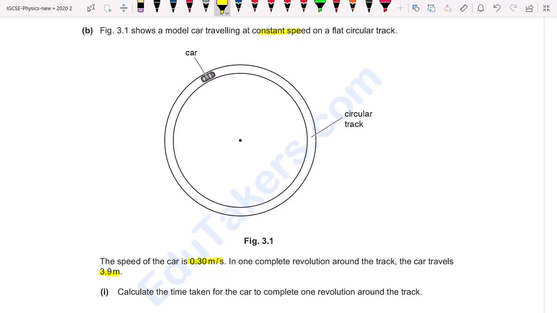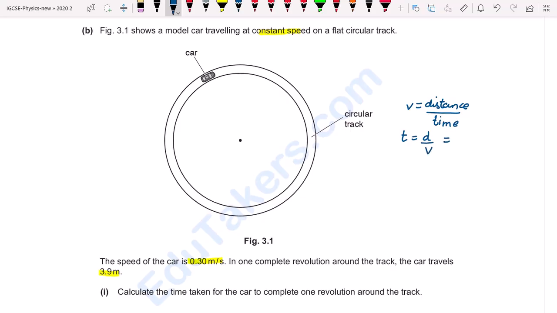Part 1. Calculate the time taken for the car to complete one revolution around the track. We have to calculate the time and we know that speed is equal to distance divided by time. And we have to calculate time. So time will be equal to distance over speed.